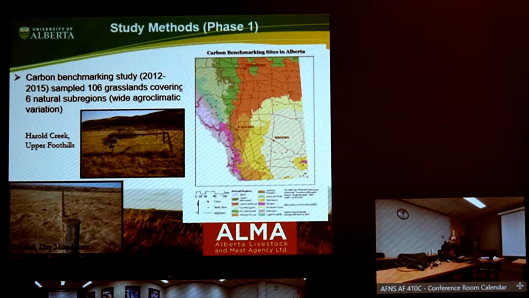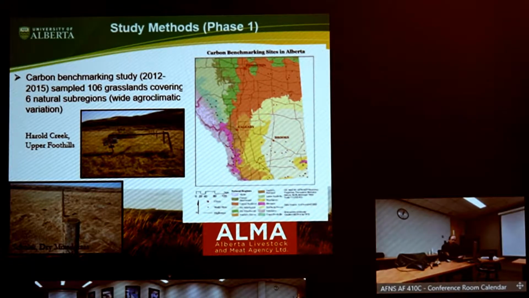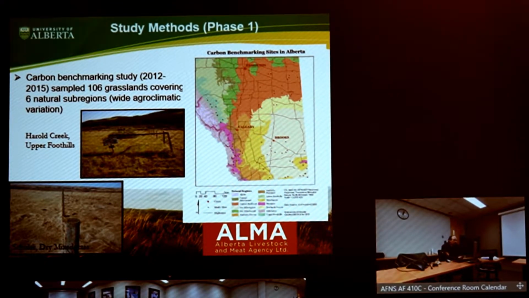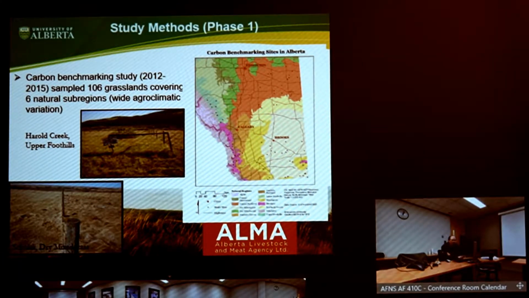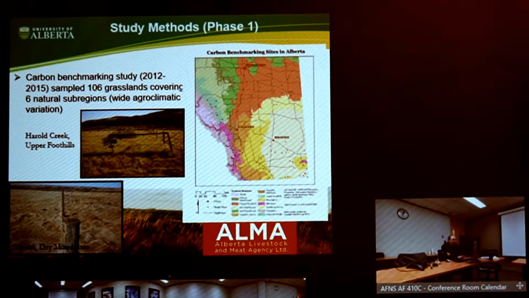So I'm going to just briefly go through the method so that everyone gets a feeling for the scope of some of the work that we're doing. One of the projects is called the Carbon Benchmarking Study. We started that in 2012, ran it through to 2015. We looked at well over 100 grasslands across the province of Alberta.